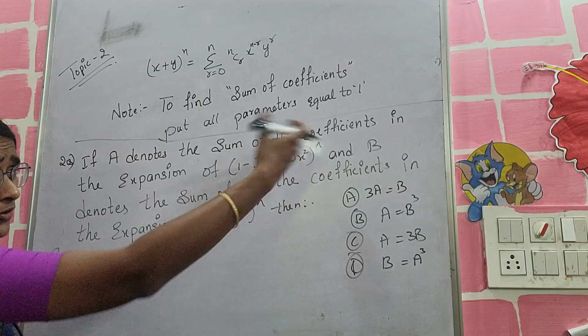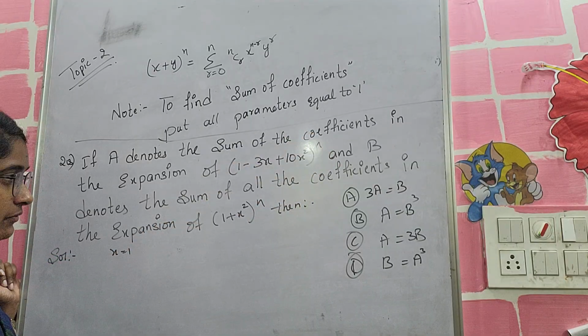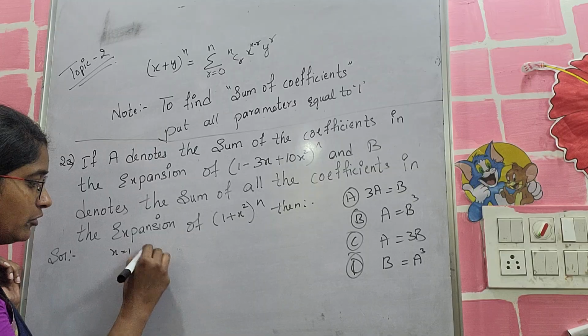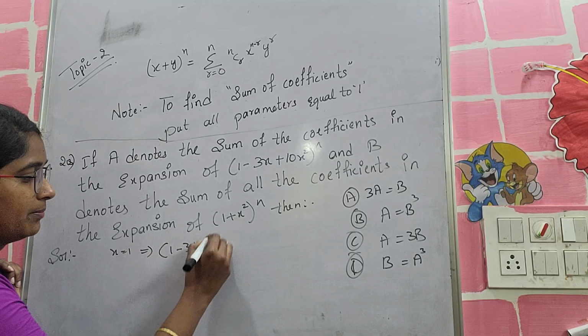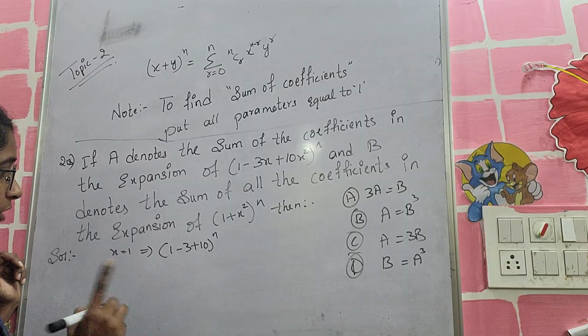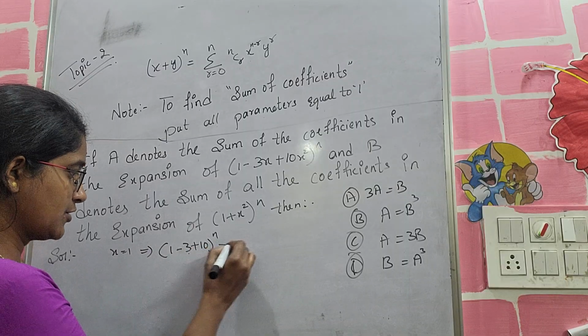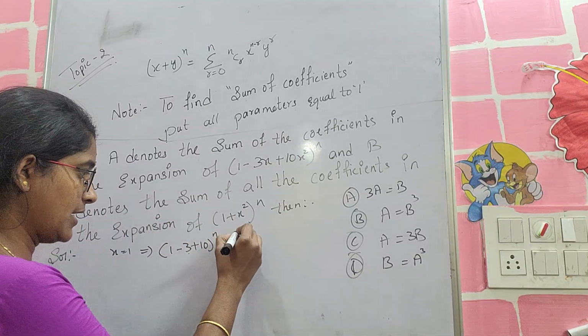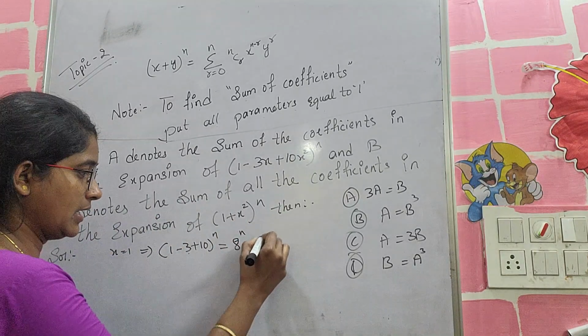Sum of the coefficients means what you have to keep, x is equal to 1, that we have learned till now. So what I'm going to get: 1 minus 3 plus 10 whole power of n. Okay, so what is the answer of this? 2 minus 2 is 8 power of n. So that is a, right?